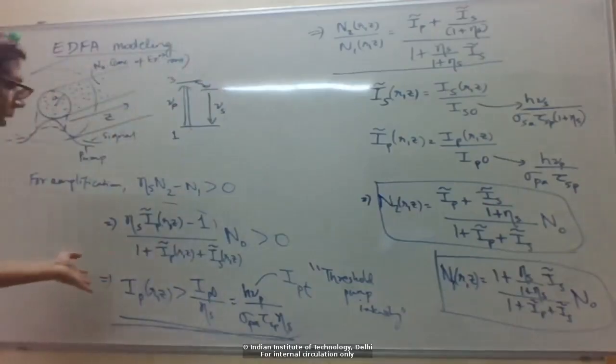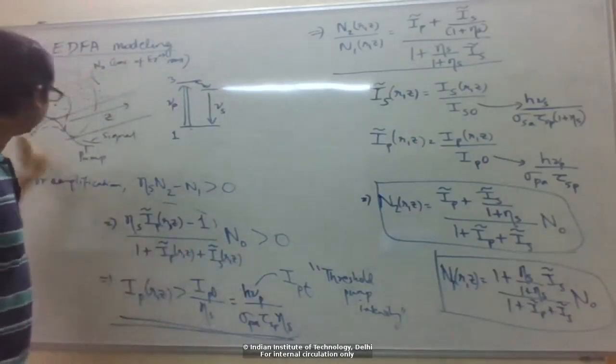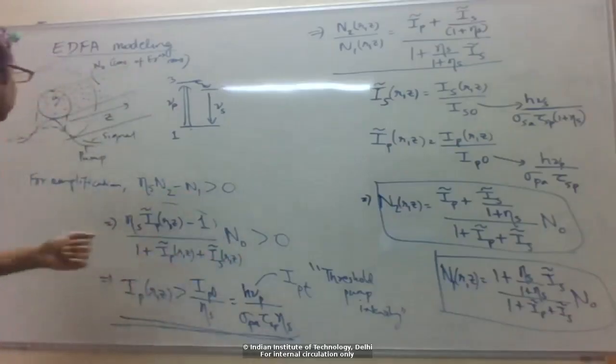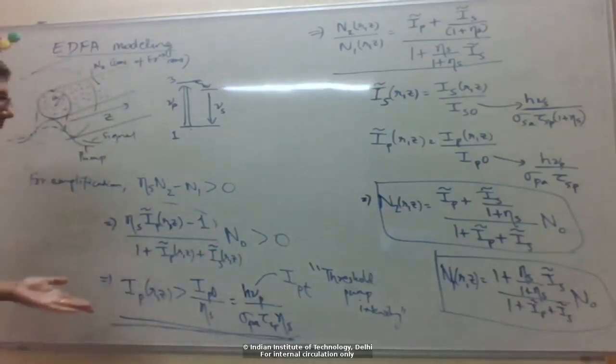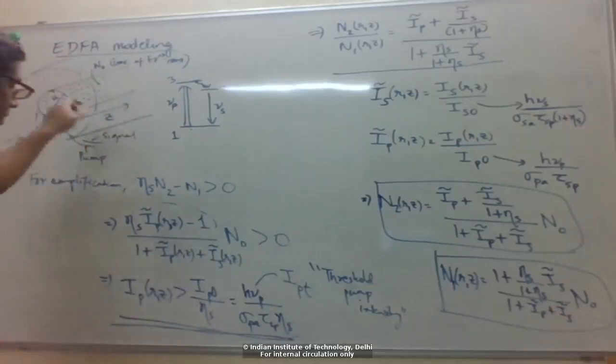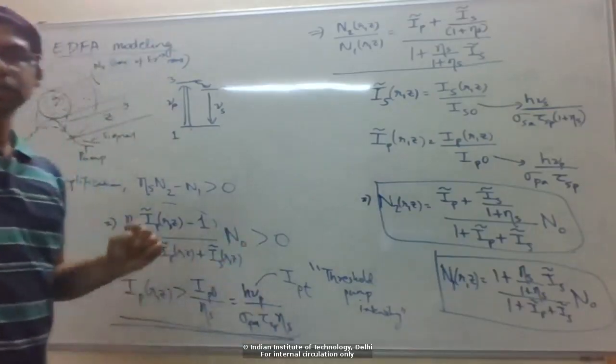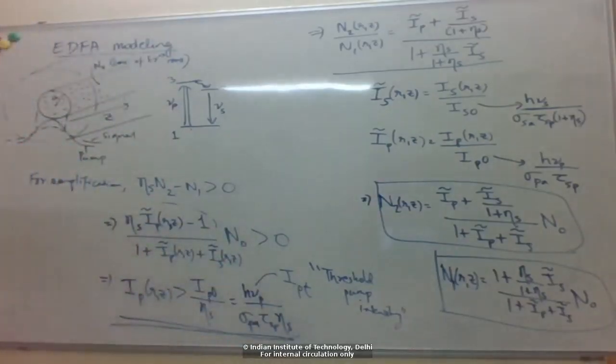In general, you can see that you will satisfy this in the initial part of the fiber when we launch the pump power at the input, so that some high pump power, but as it propagates, the pump power goes down, and then eventually after some length, it will go down below this critical value and you won't get gain anymore.